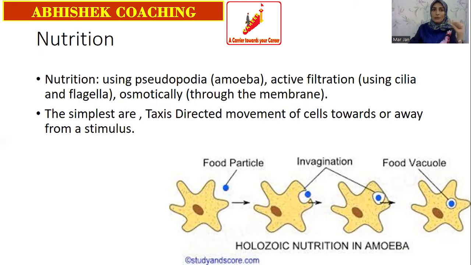Nutrition happens by the pseudopodia, and also by using the cilia and flagella by means of active filtration. Okay, and also using osmosis through the membrane, they can feed themselves.